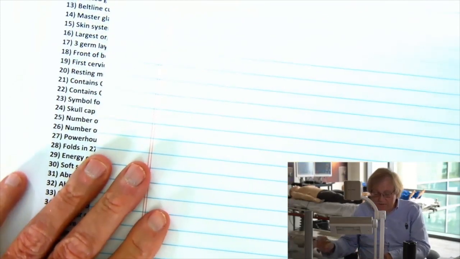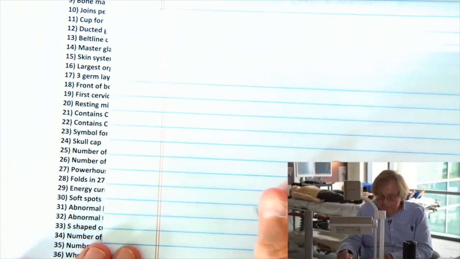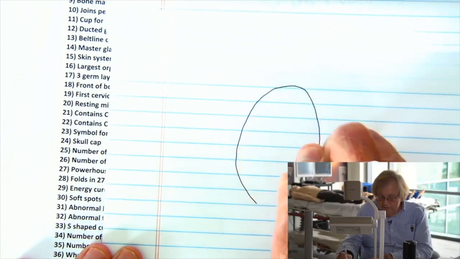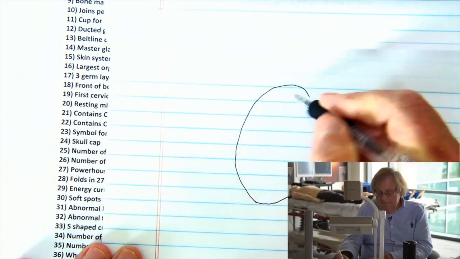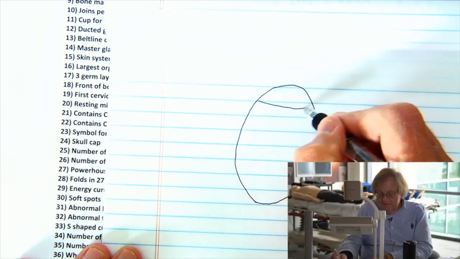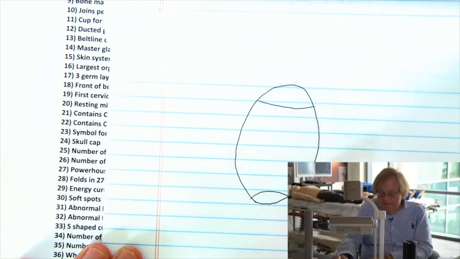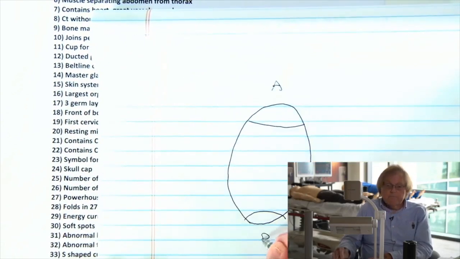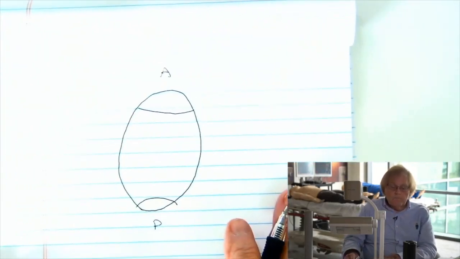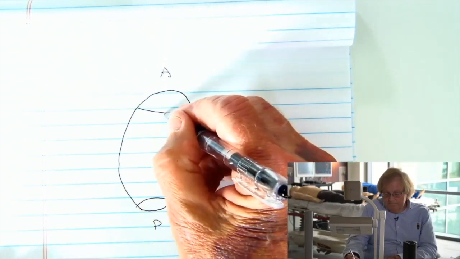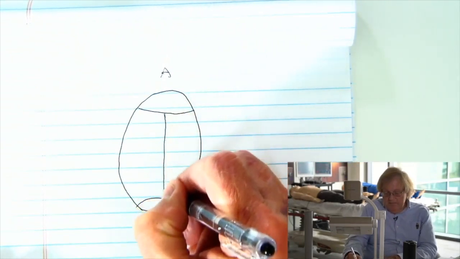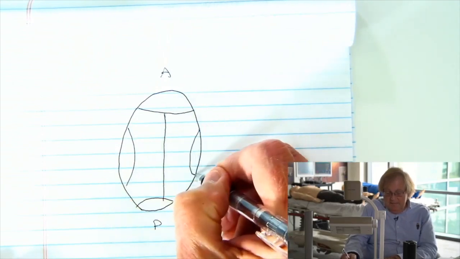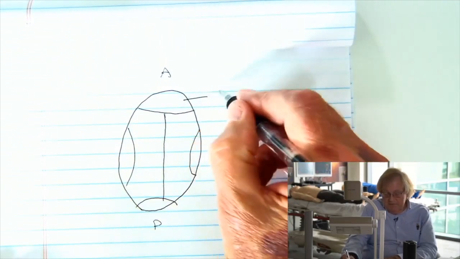So if I draw that very simply and say what are the bones and what are the sutures, if this is the front and this is the back, this is anterior and this is posterior, I'm going to run a suture down the middle, another suture on the side. I'm going to name these bones. That's your frontal.